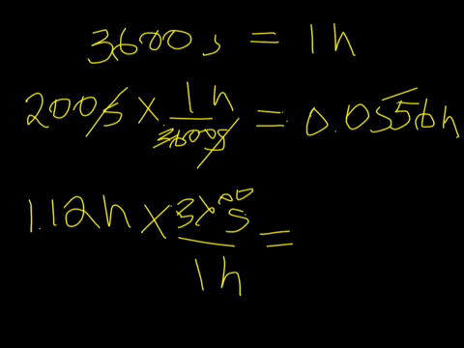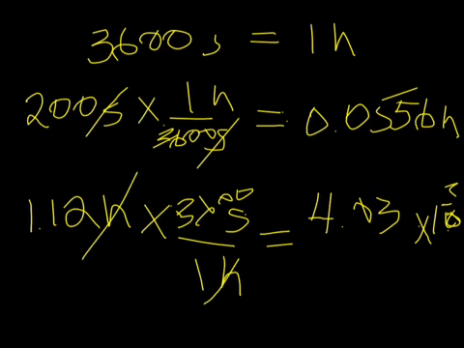But that's the wrong number of significant digits, so it'll be 4.03 times 10 to the power of 3. And we've got rid of our hours, and we're left with seconds.